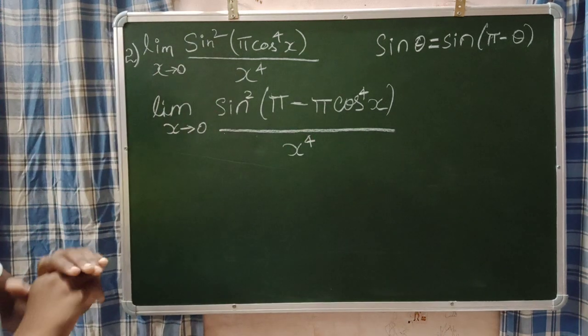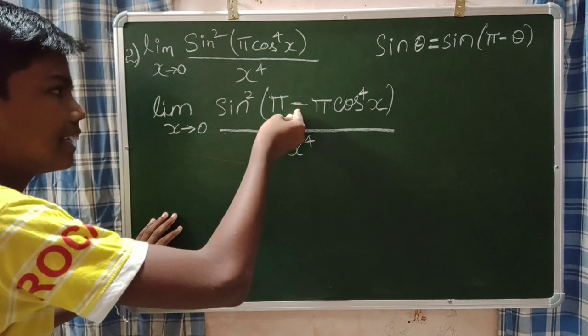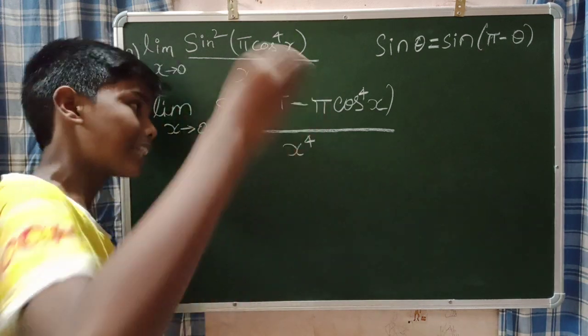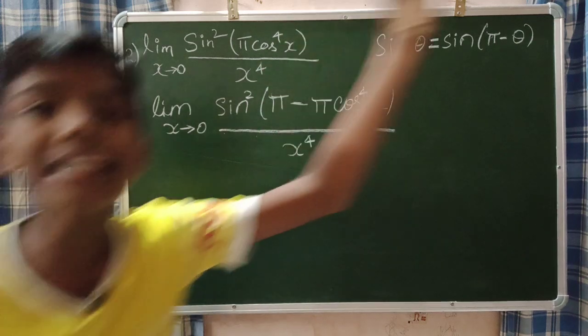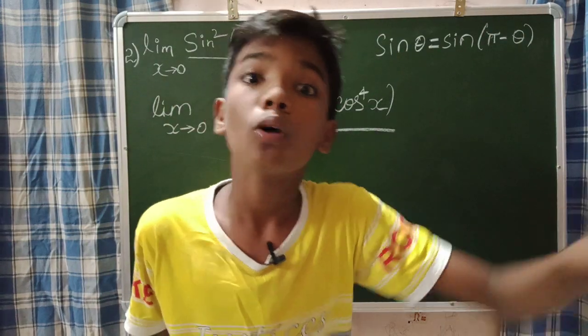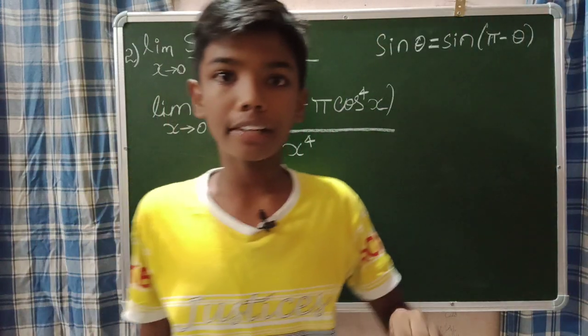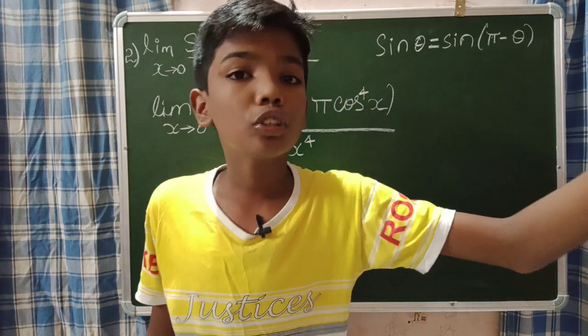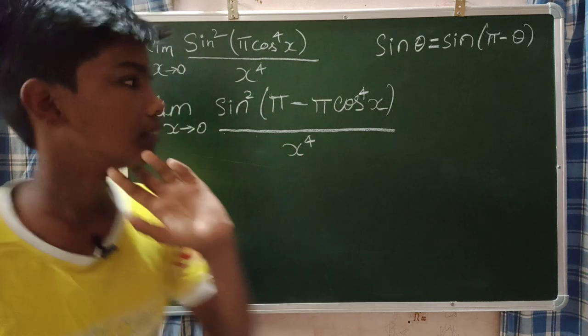Now what I am going to do in this equation is multiply this expression with pi minus pi cos to the power of 4x whole square, and divide it by pi minus pi cos to the power of 4x whole square.